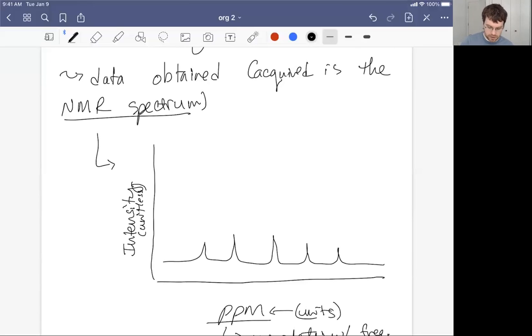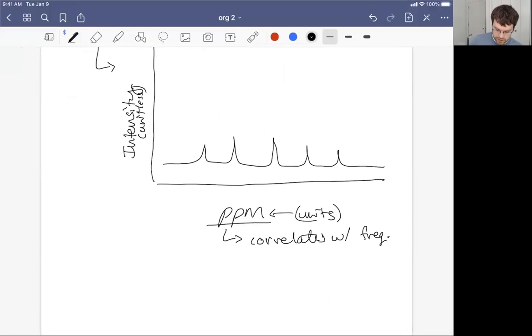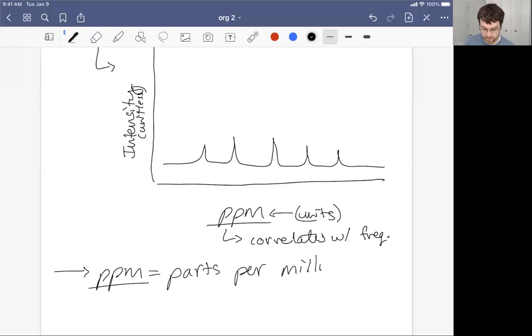Okay, so let's break into the units of the x-axis a little bit. ppm, again, the mainstay of the x-axis label for NMR spectra, is parts per million. For those of you that have taken our Equilibrium and Quant, our sophomore analytical course, this shouldn't be an unfamiliar series of words, but in this context, it may not, and it likely doesn't make sense.